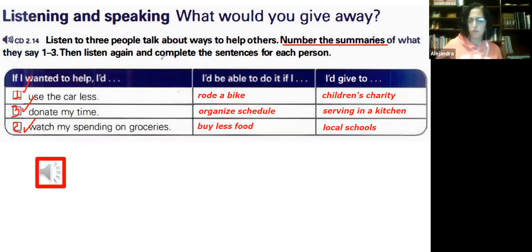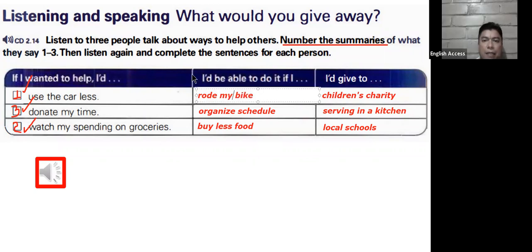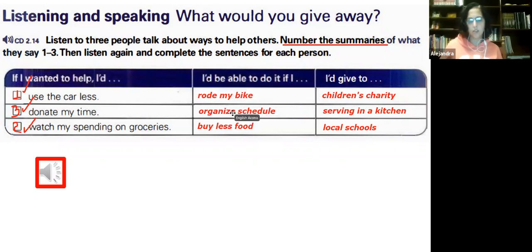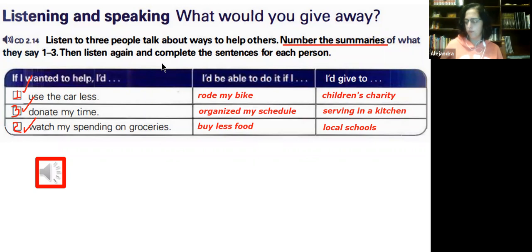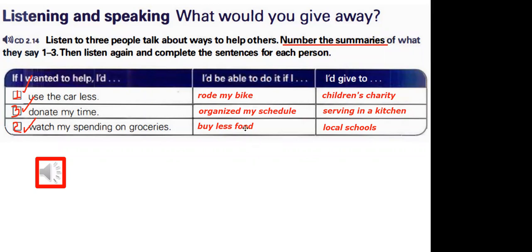Next, organize my schedule. I bought less food. Yes, less food.